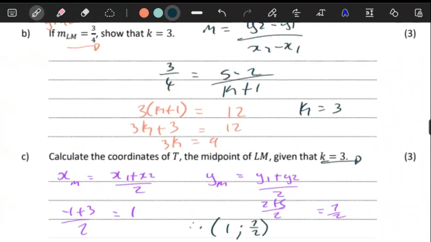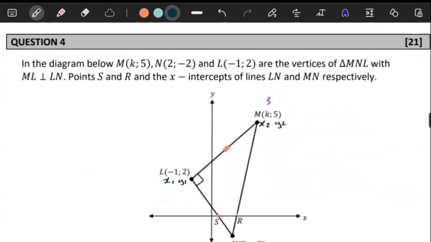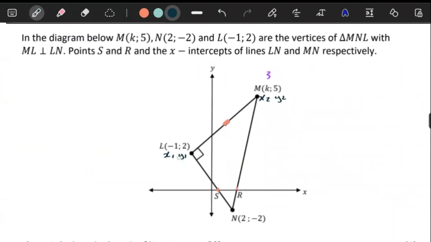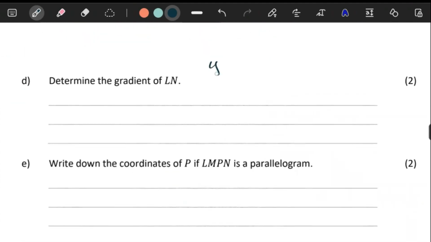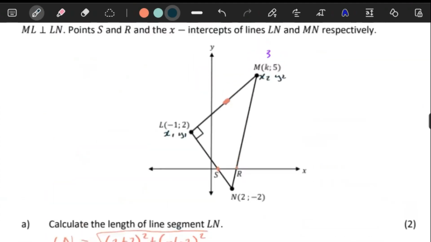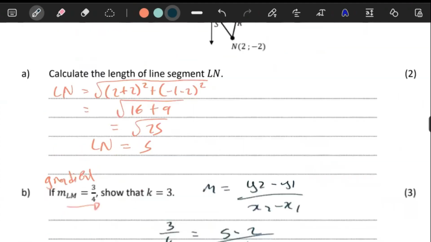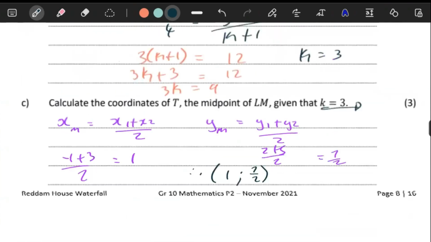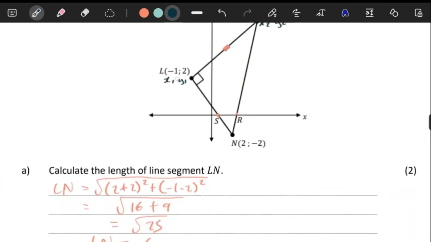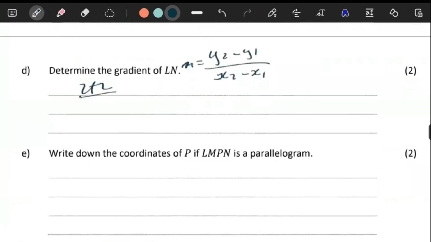Determine the gradient of Ln. So Ln is this gradient here. You can just use the gradient formula as we already know it, you see. So this is gradient, right? Now, obviously, you can just say 2 minus negative 2, which is going to be a plus, and then here you have negative 1 minus 2.